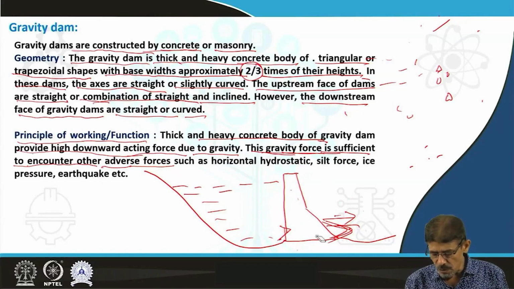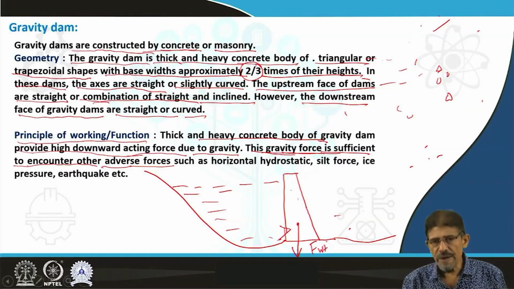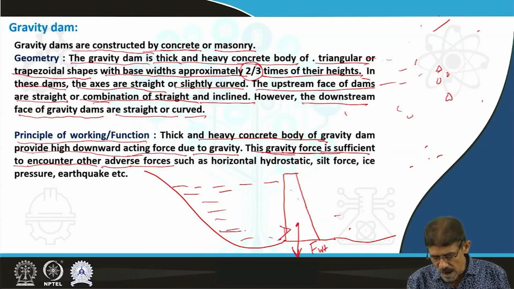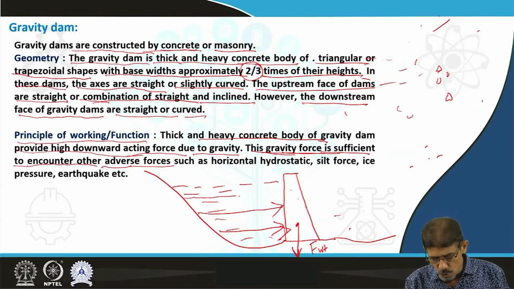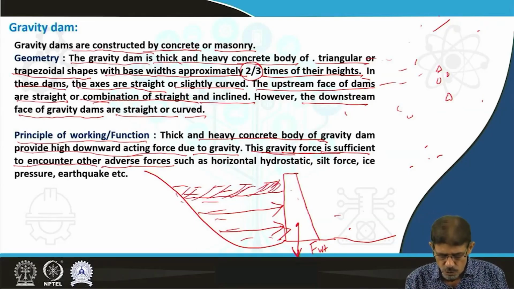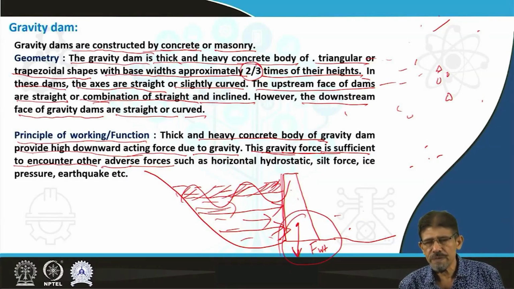The gravitational pull or the gravity force of a structure, here the weight of the structure FWT, weight of the structure acting downward, is sufficient to counter the horizontal hydrostatic force, horizontal hydrodynamic force, and force due to ice formation of the superficial part, force due to wave action, force due to other causes, vibrations and others, which can be countered by force caused by weight of structure.